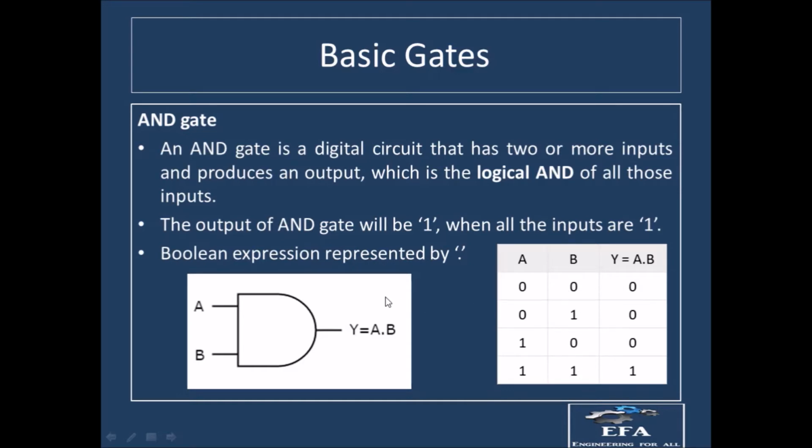So when we have the AND gate, the combination of A and B will give us the output Y, and how this Y will be represented.